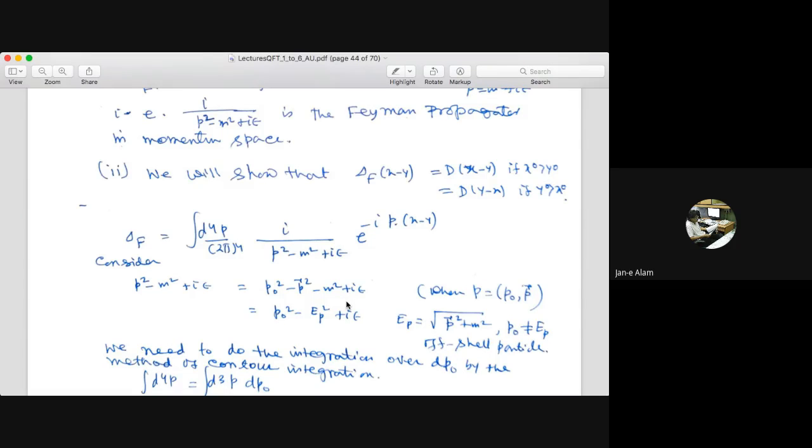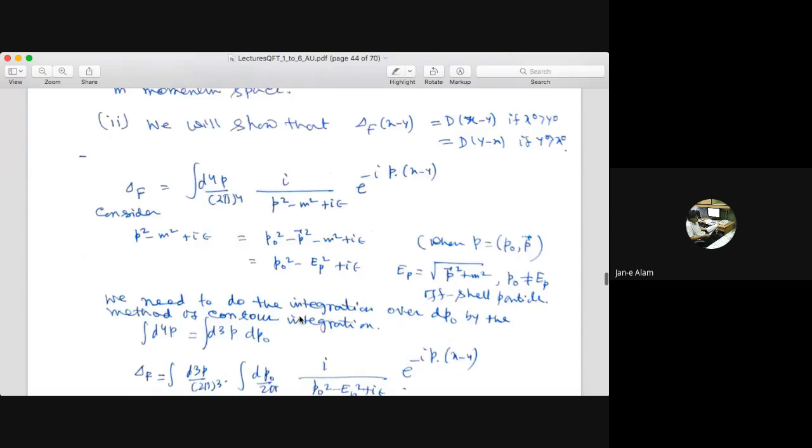I am just repeating this because yesterday some students said that I was a little fast, so I will recapitulate very quickly. p0 square minus p square plus m square is again energy square, I know that. So p0 square minus Ep square plus i epsilon is the denominator of this integrand.